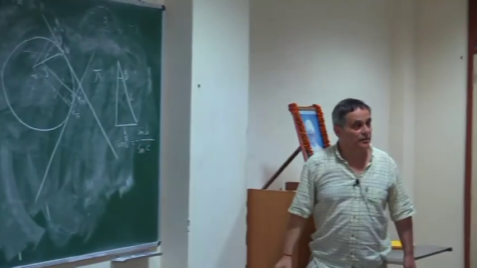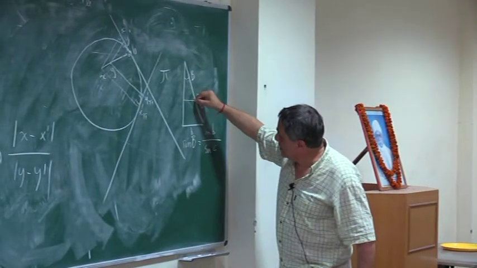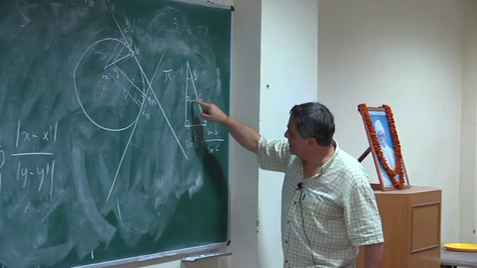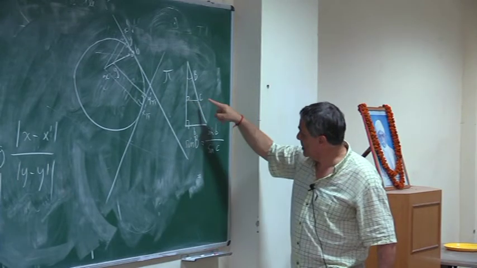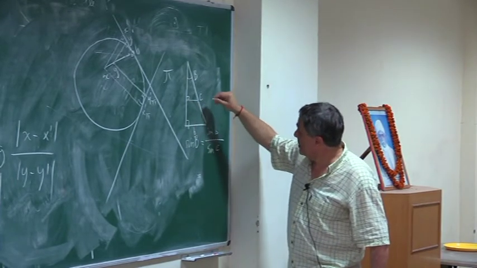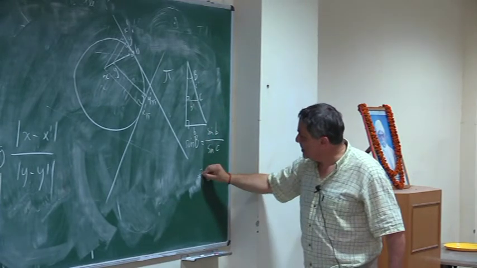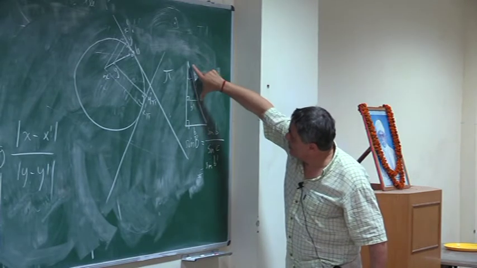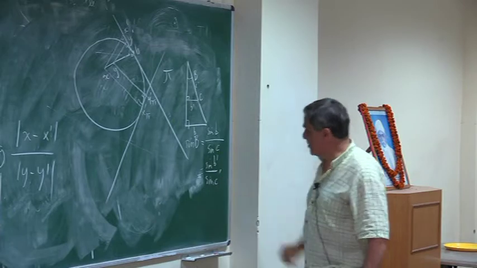Remember this formula? So it tells you also that if I take a perpendicular here, then the sine of B is also equal to, let's call this B prime, and this one C prime. So this is sine B prime divided by sine C prime.